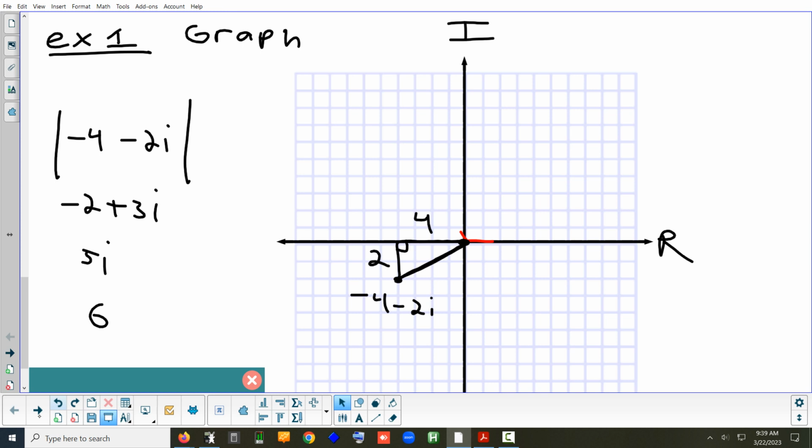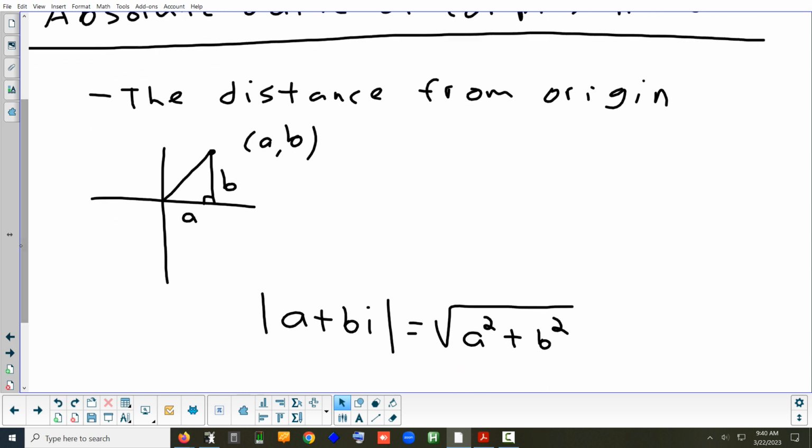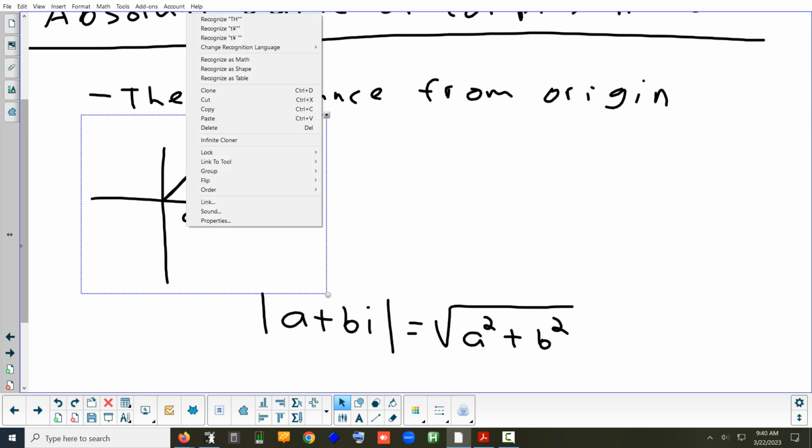Pythagorean theorem. Yep, we're going to use the Pythagorean theorem. So to find the distance between a point and the origin, again, that's called absolute value, distance from something to 0, you use the Pythagorean theorem. A is the real part, B is the imaginary part. So the idea of the formula, without using any letters: take the real part and square it.